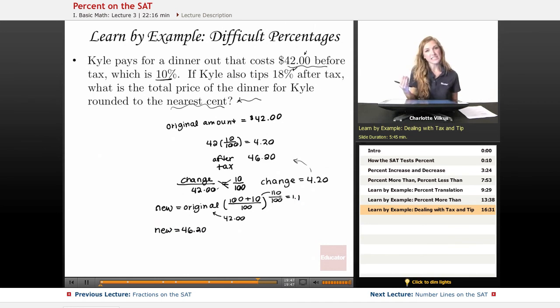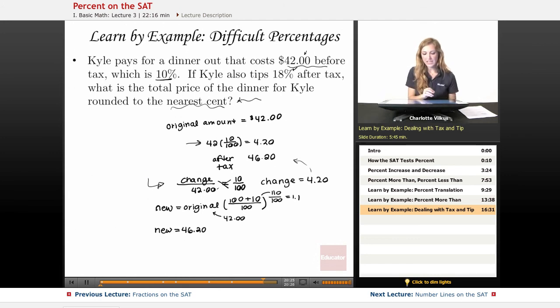But if it makes more sense to you to do it one of these two ways, so just straight up taking a percent, or looking at it as a percent change, then you should go about these problems in whatever way you like more. And that's because the thing that's really important, especially in these problems with multiple percentages, so we could have a discount and then tax, or maybe an increase and then some other sort of tax or tip or anything additional, is just that we keep the numbers straight and we keep what's going on straight.